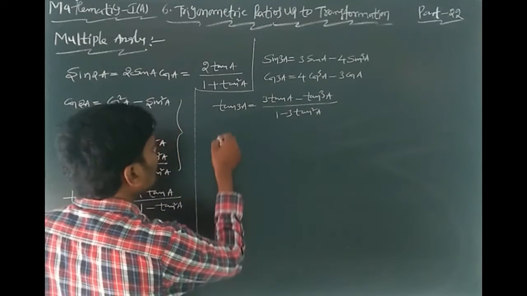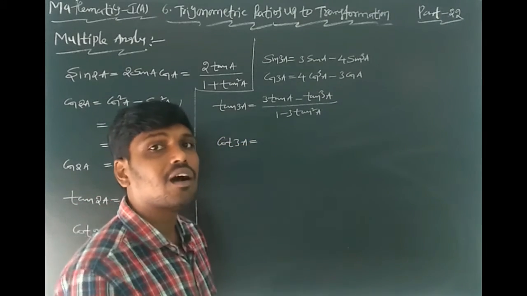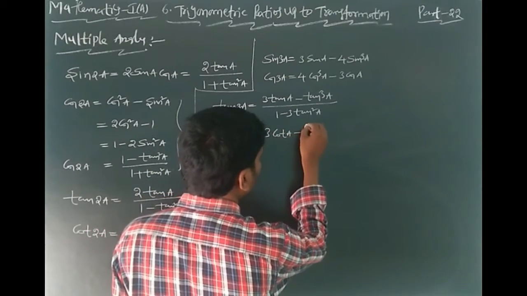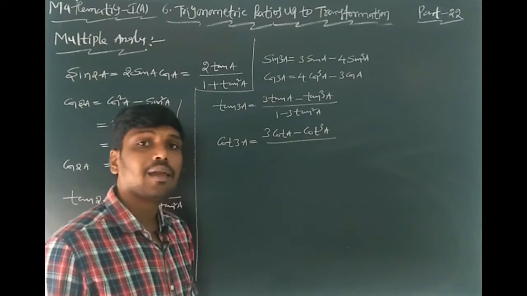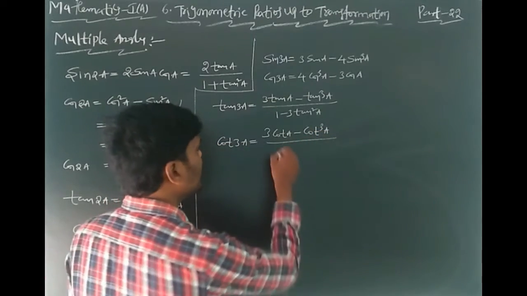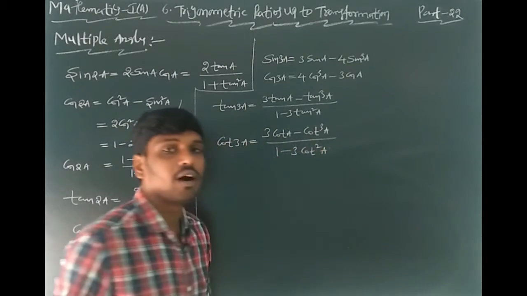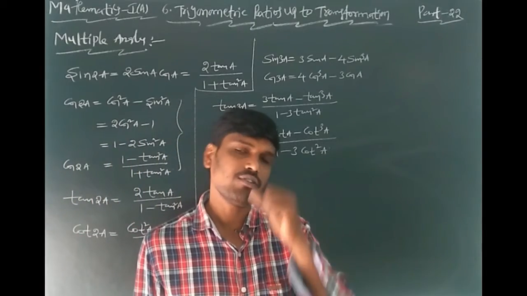After that, cot 3a. What is the formula of cot 3a? Cot 3a formula is 3 cot a minus cot cube a by 1 minus 3 cot square a. This is the formula of cot 3a.